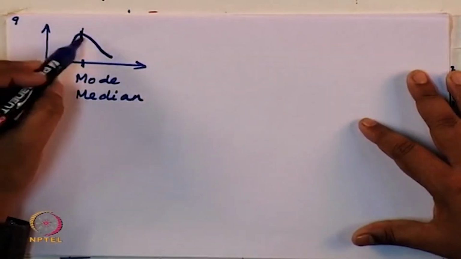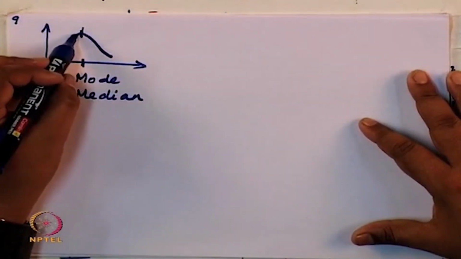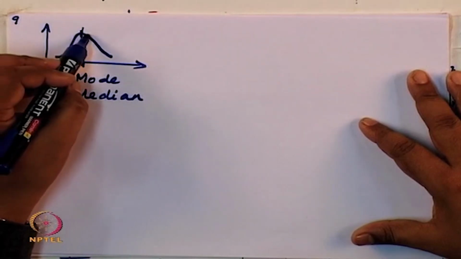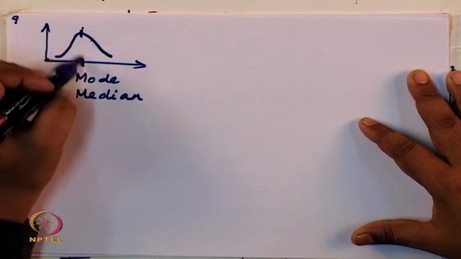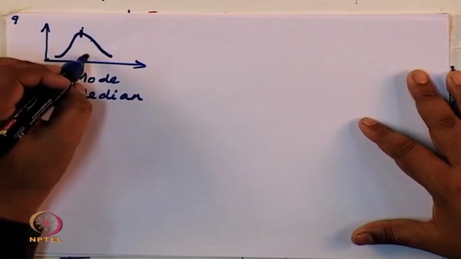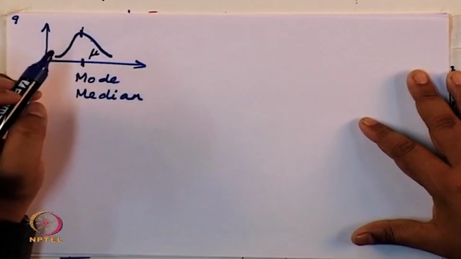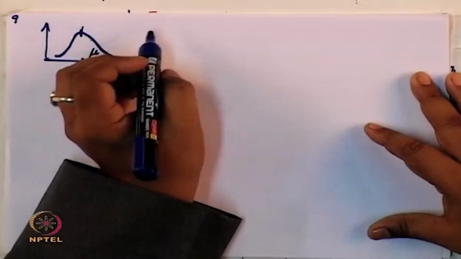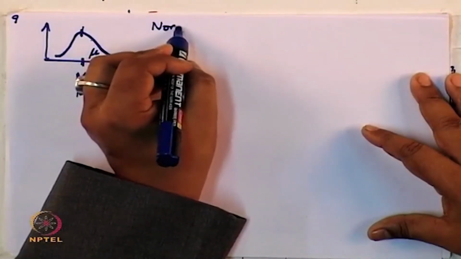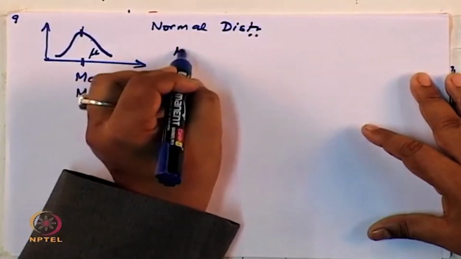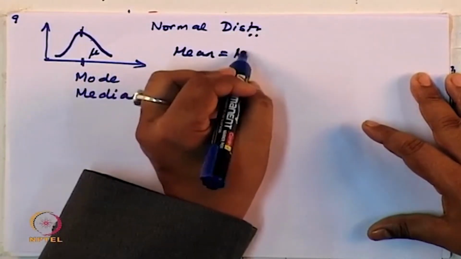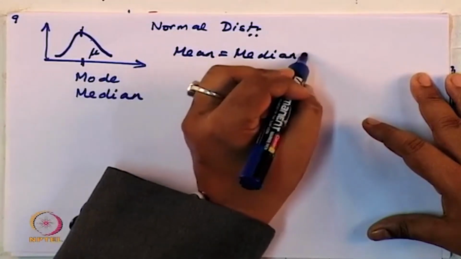Because this is a symmetric distribution, for every point to the left there is another point to the right occurring at identical frequency, so their average will always give you this particular value, which is nothing but mu. So it means that for a normal distribution, mean is equal to median is equal to mode.